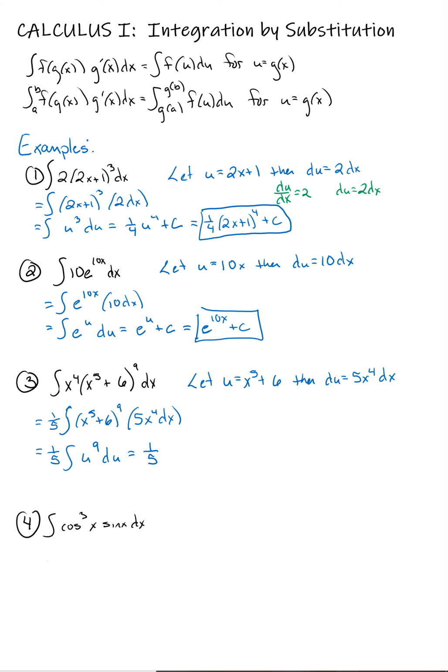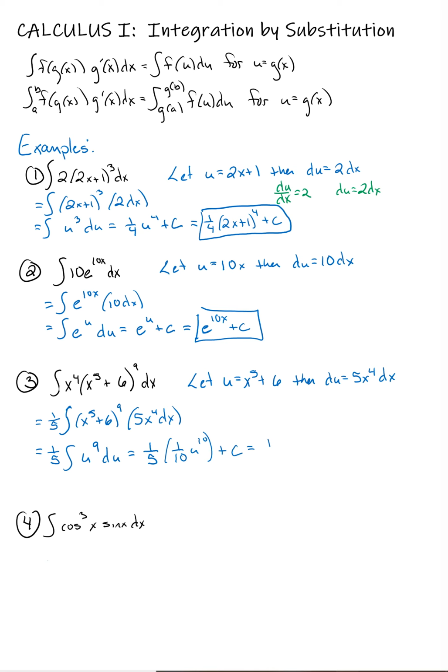Integrating u to the 9th du gives us 1/10 u to the 10th plus a constant. Now, it is true that that constant is being multiplied by 1/5, but 1/5 times a constant is still a constant, so I'm just going to call it all c out there by itself.